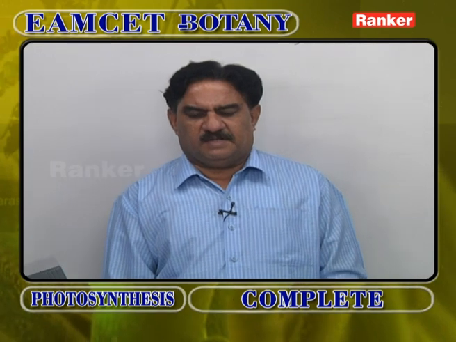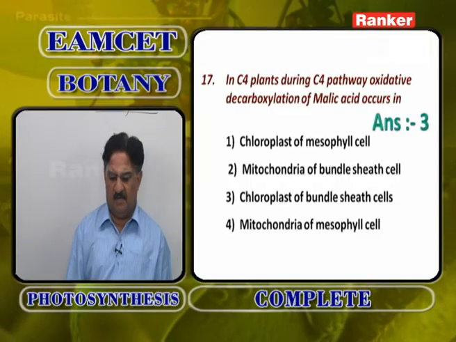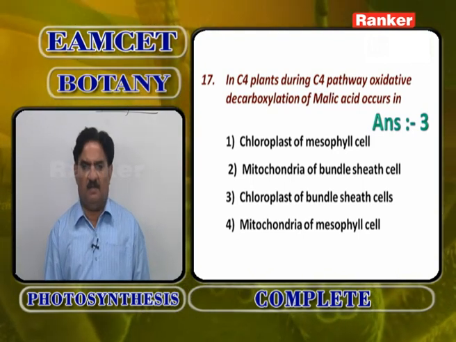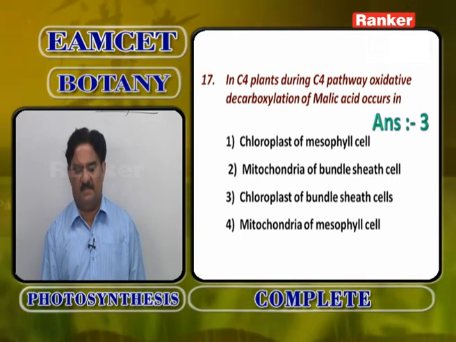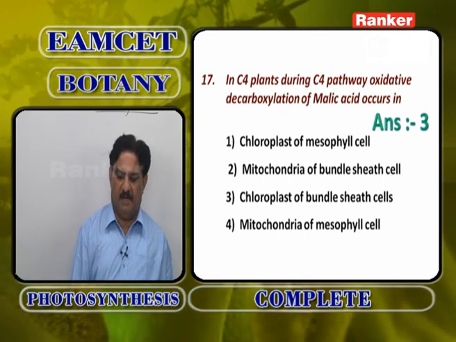In the bundle sheath cells, malic acid undergoes oxidative decarboxylation to produce pyruvic acid. So, in C4 plants during the C4 pathway, oxidative decarboxylation of malic acid always occurs not in the chloroplast of mesophyll cells, not in the mitochondria of bundle sheath cells, not in the mitochondria of mesophyll cells, but in the chloroplast of bundle sheath cells.